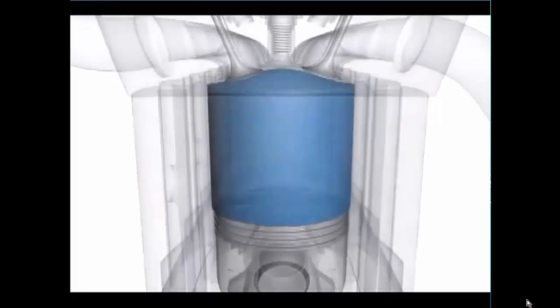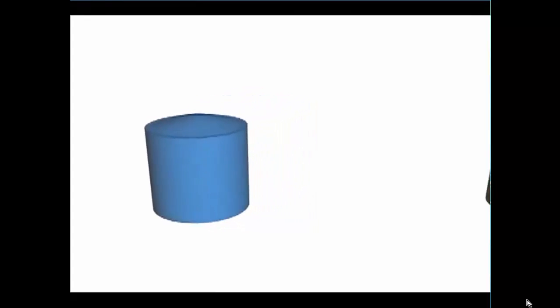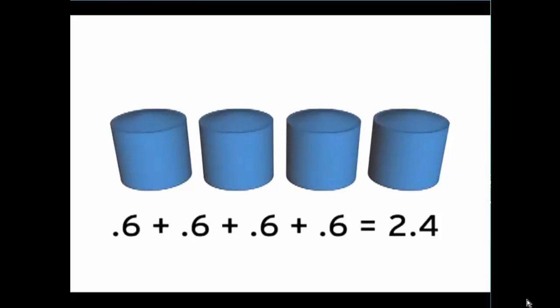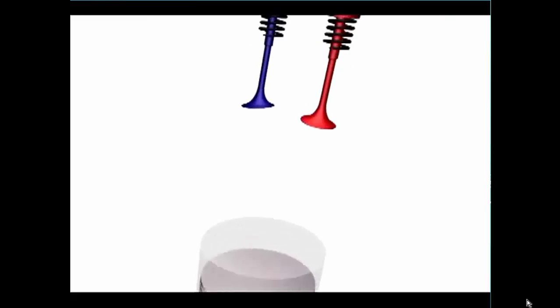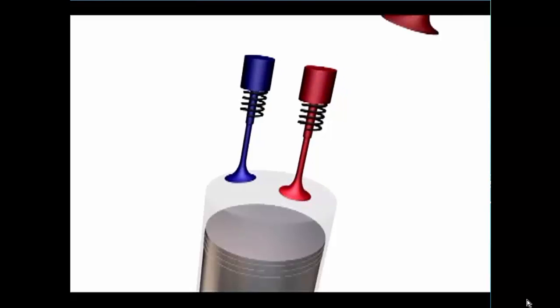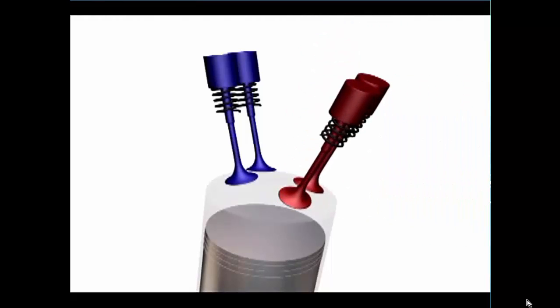For example, a 2.4-liter four-cylinder engine has a total displacement when adding together all four cylinders of 2.4 liters. The number of valves that engines have varies. Older engines tend to have one intake and one exhaust valve. Some engines have two intake and one exhaust valve. Most high-performance engines use two intake and two exhaust valves.